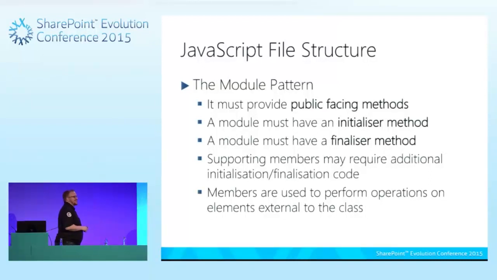But basically, the module pattern is an extended namespace that allows you to have a finalizer and an initializer. It has public-facing methods. You can extend it. You can add other parts to it.